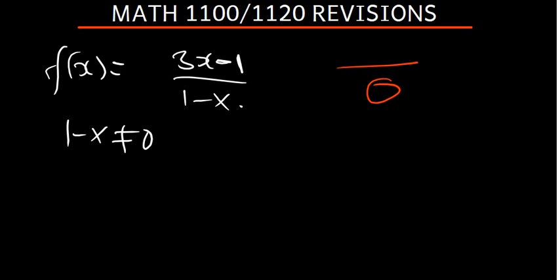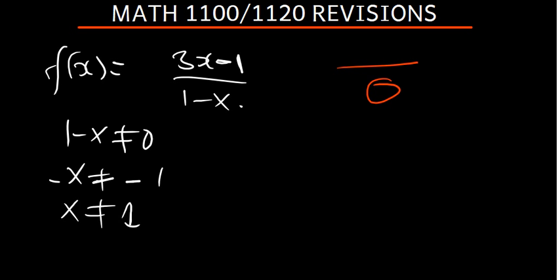At the same time, that is the vertical asymptote. So negative x is not equal to negative 1, so x will be not equal to 1, meaning that I can plug in any value where there is x, but I should not plug in 1. Then this function is going to be defined.